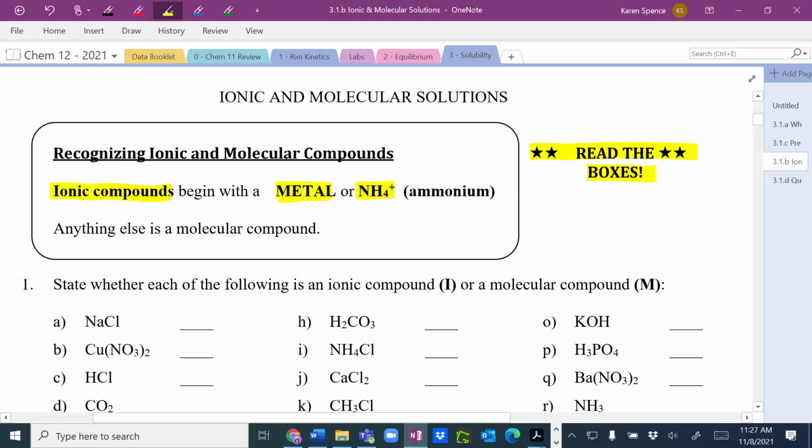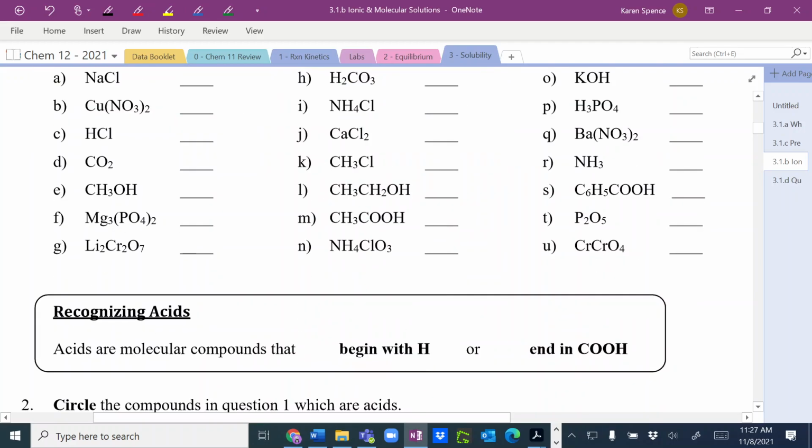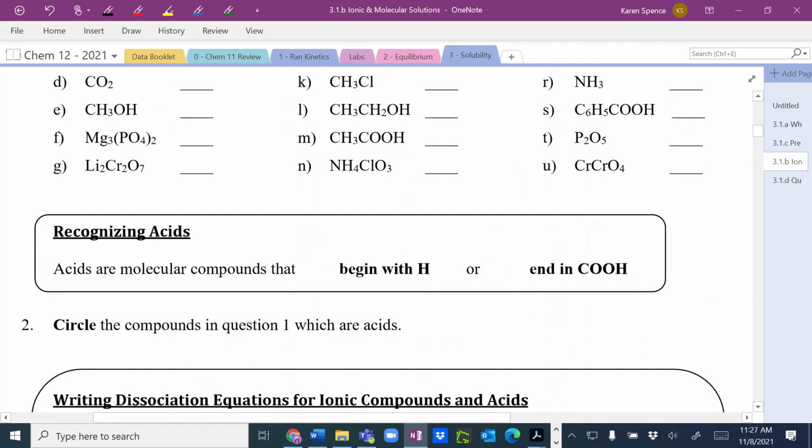So those are your ionic compounds. Acids. Acids either begin with an H or they end in COOH. Okay, so you are then going to go back to question number 1 and circle all the ones which are acids. Okay?